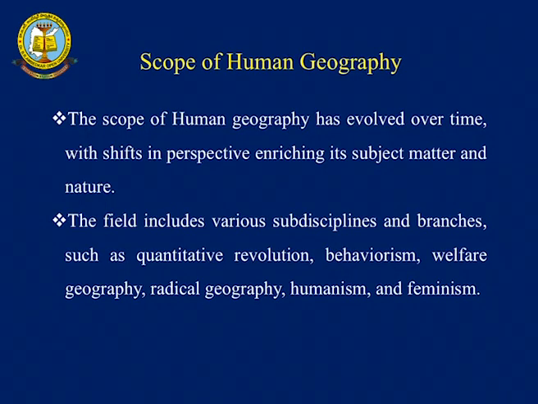Then coming to the scope of human geography, every subject has its own importance. In the same way, if you look at the scope, human geography has evolved over time with shifts in perspective, enriching its subject matter as well as its nature. So human geography has n number of subfields.